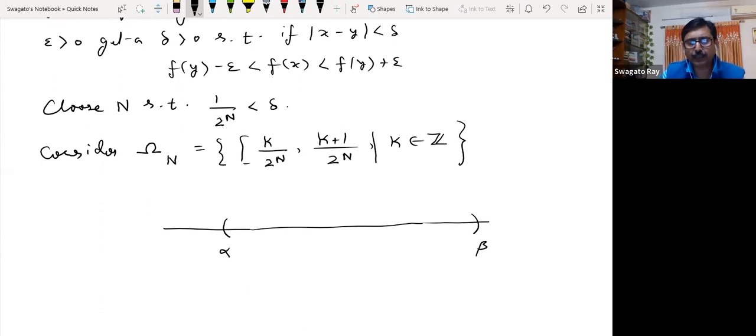Now, Omega N is decomposing the whole real line, so it is also decomposing this alpha and beta. And let's try to draw three typical intervals from Omega N, which are going to appear in our discussion. One of them maybe is of this form. One of them maybe is of this form.